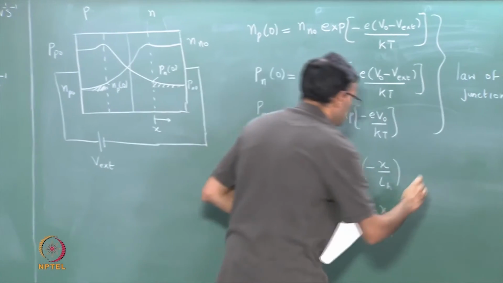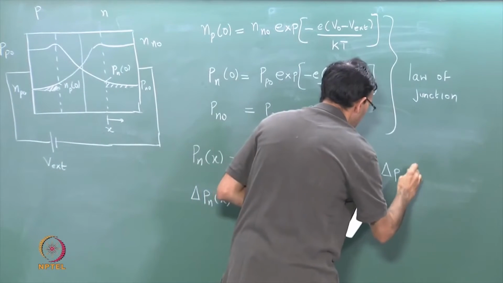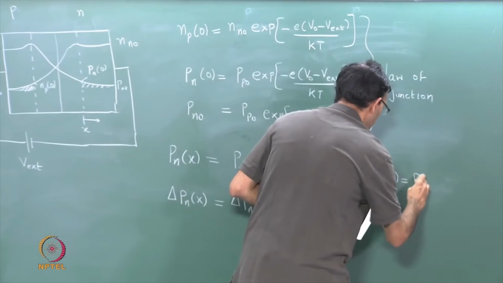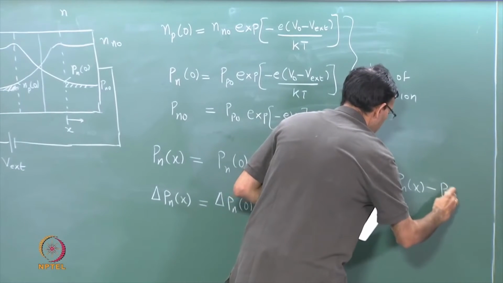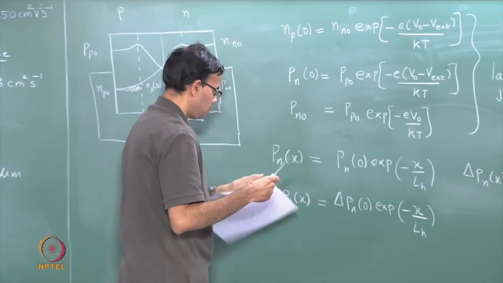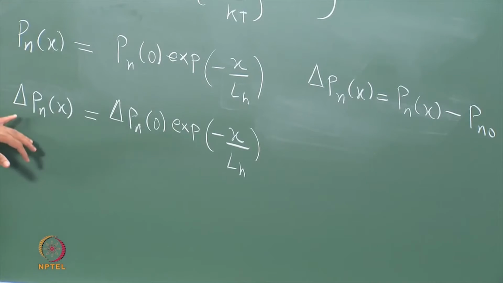This delta Pn of x is Pn of x minus Pn naught. So, this refers to your extra holes on the n side as a function of distance.